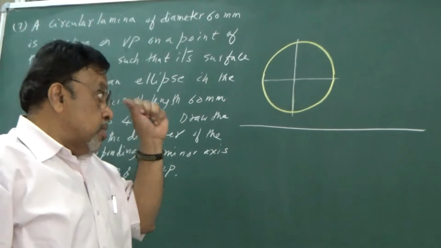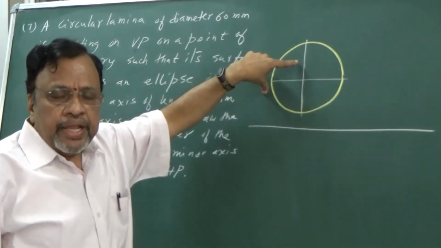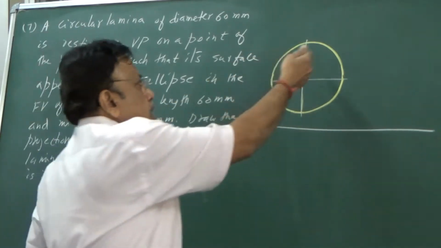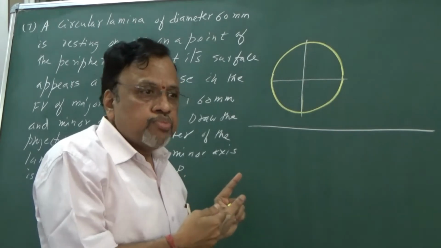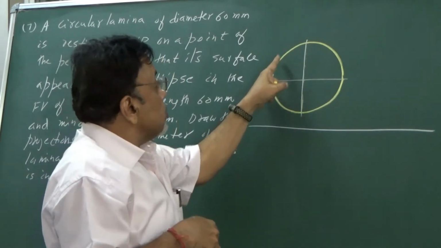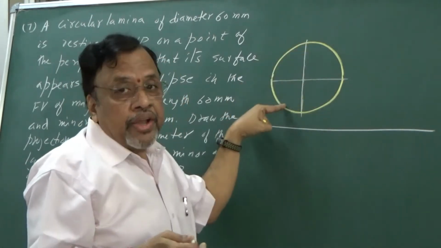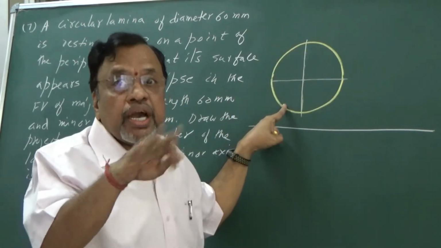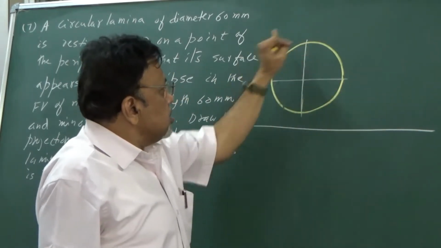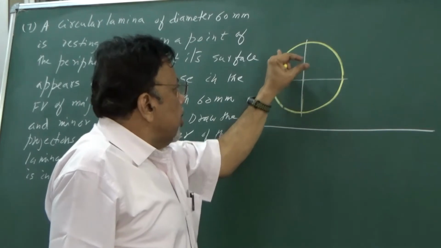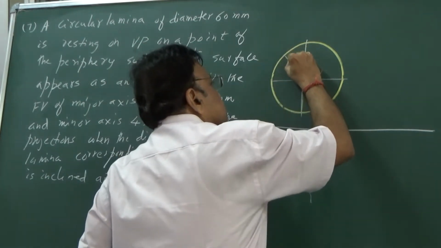But remember, you know that whenever a circular lamina is inclined to a particular plane, it will be seen as an ellipse. For a circle, I can just use the compass. But if I want to get an ellipse, I need to get the location of the intermediate points also. If I choose more points, I am going to get a smoother curve. But as an explanation, I will divide this circular lamina into 8 parts, that is, 8 radial lines.